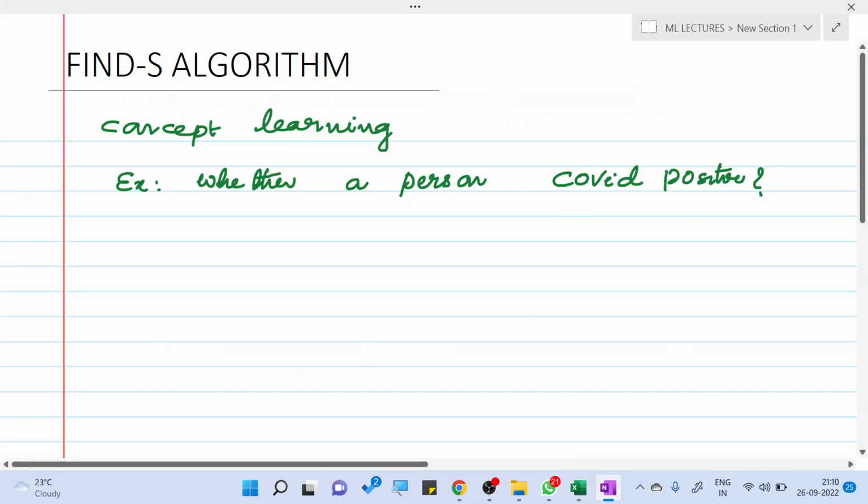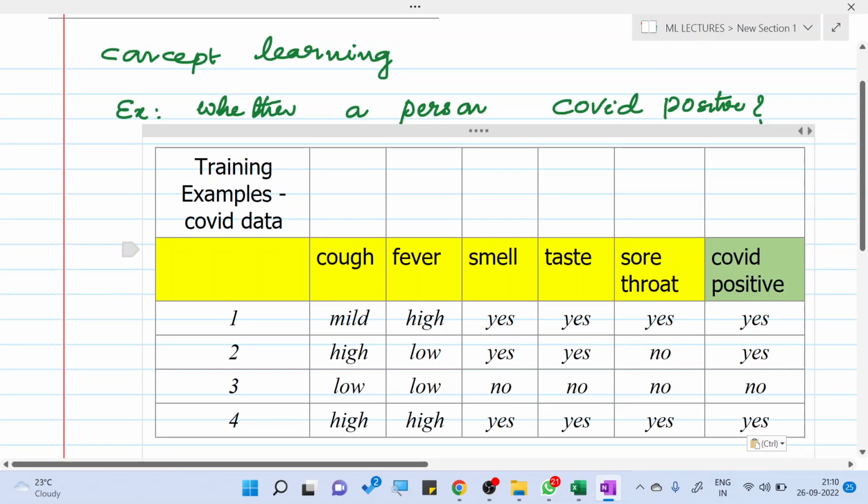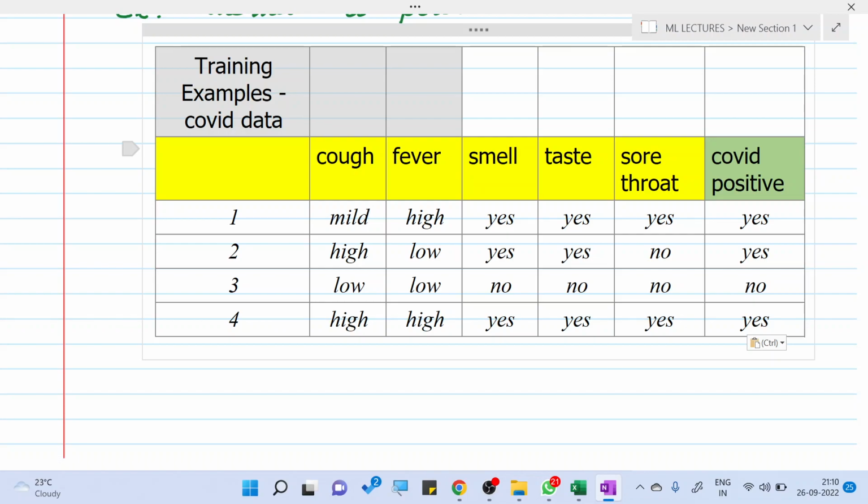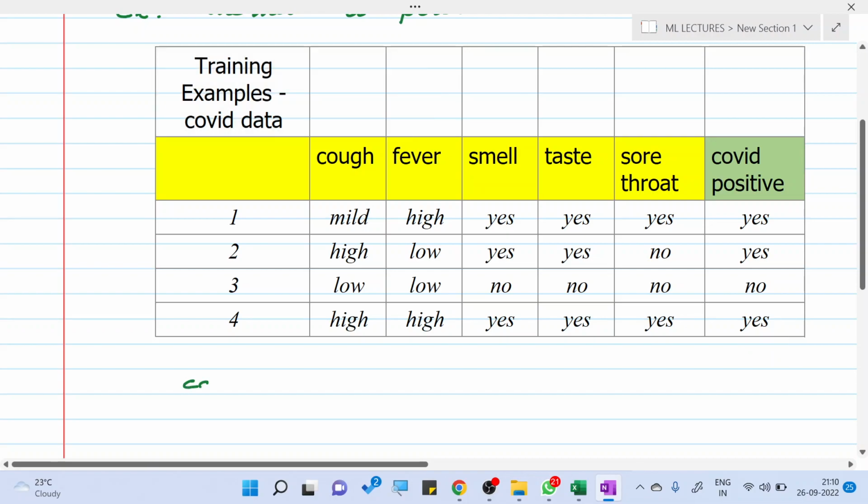Let me paste it here, and if you observe this data, we have 4 examples, 1, 2, 3, 4, and these are called attributes. So our hypothesis will depend on these attributes. Cough has the values low, mild and high; out of these 3, it may have any one value. Fever has 2 values, low and high.